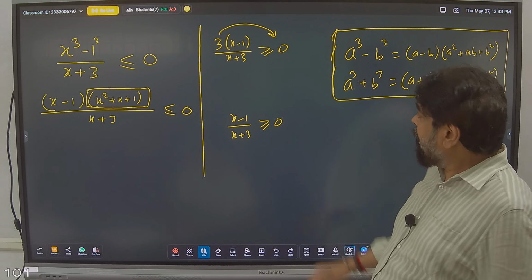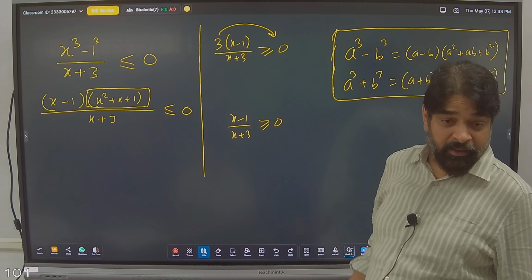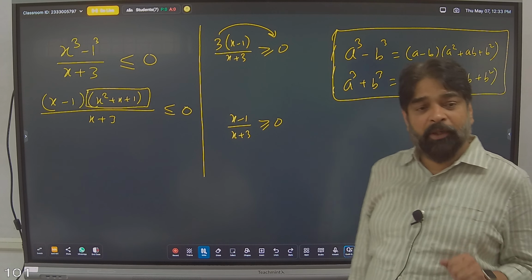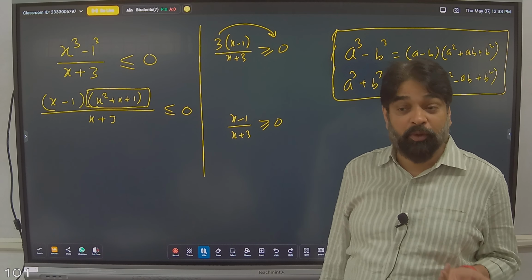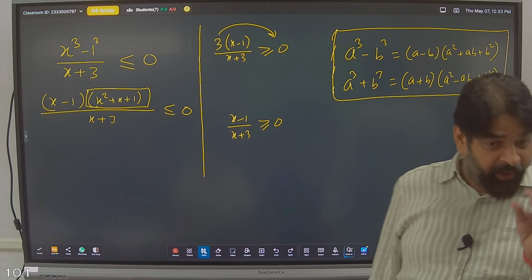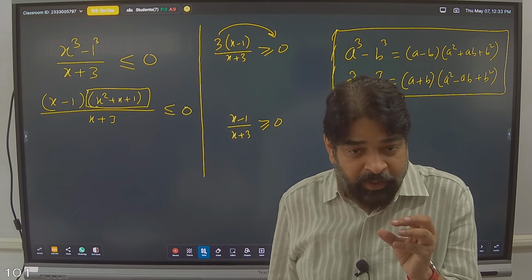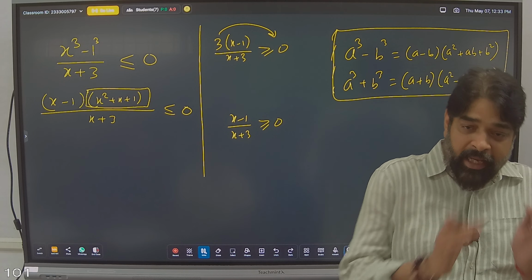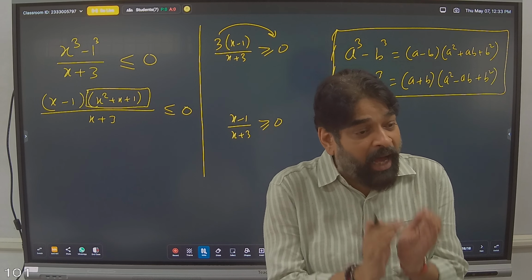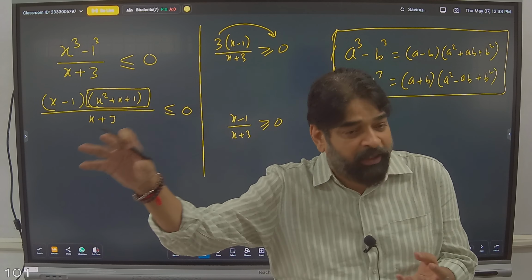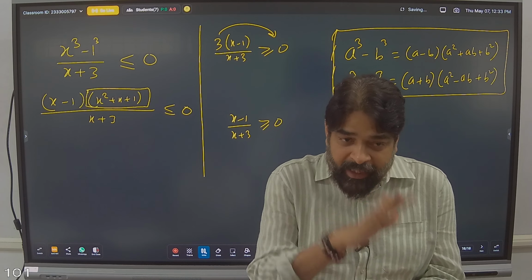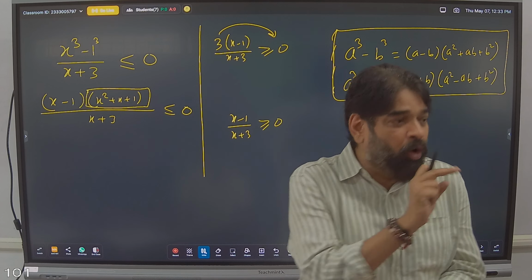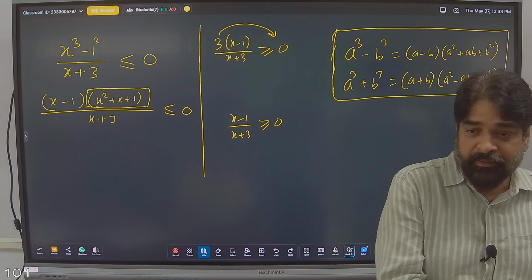Why can we throw 3 but not x minus 1? Because 3 we know is positive; x minus 1 we do not know. Any bracket whose sign is unknown cannot be shifted to the other side. But any bracket whose sign is known can be shifted to the other side.